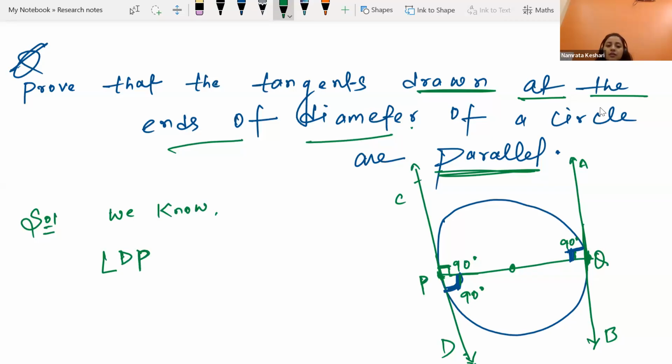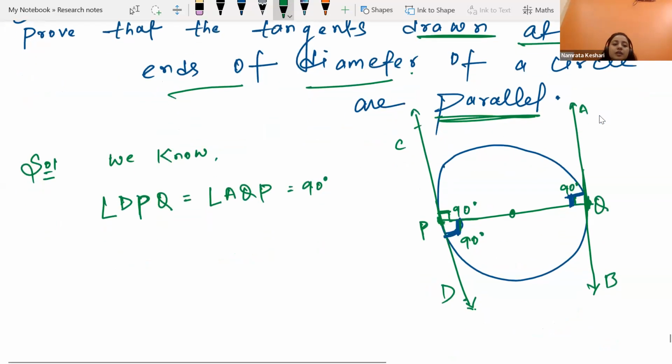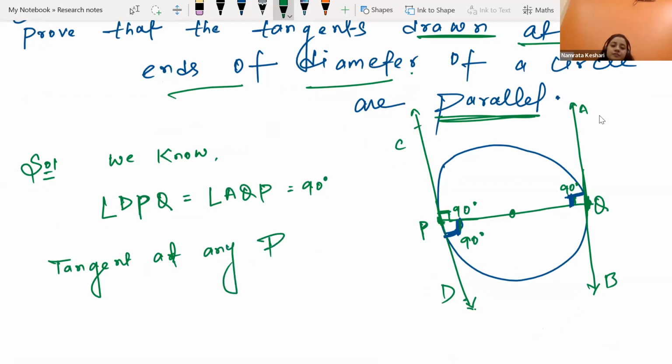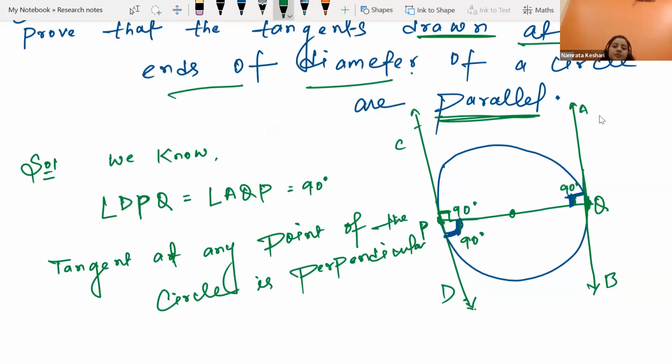Angle DPQ is the same as angle AQP. Both are 90 degrees. Why? Because the tangent at any point of the circle is perpendicular to the radius through the point of contact.